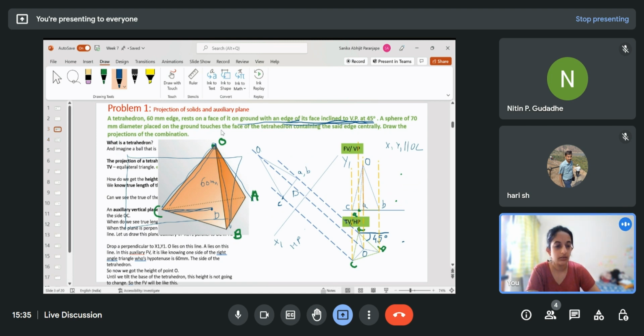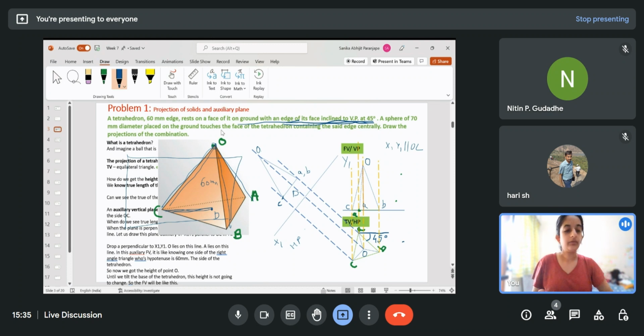So here, what is the case? This is my tetrahedron face, and this is my horizontal plane, and I have a sphere like this over here. Okay, so what do I need to see? I want to see the actual true angle between this face and the horizontal plane.